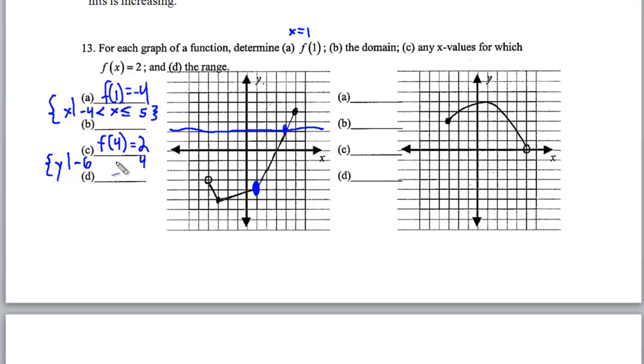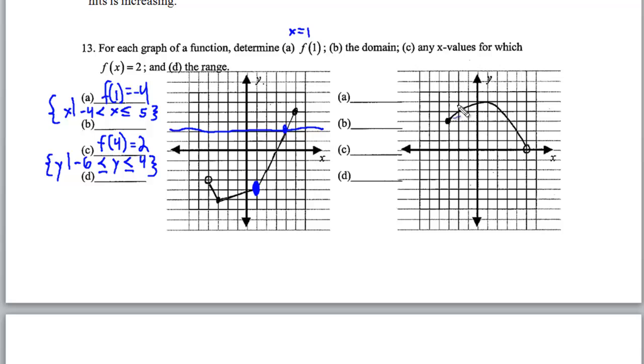So this y goes from -6 to 4 continuously, and since this on the left is a black dot all the way at the bottom, and this on the right is a black dot all the way at the top, then these get less than or equal to signs because the function actually exists at -6 and it exists at 4 for my range.